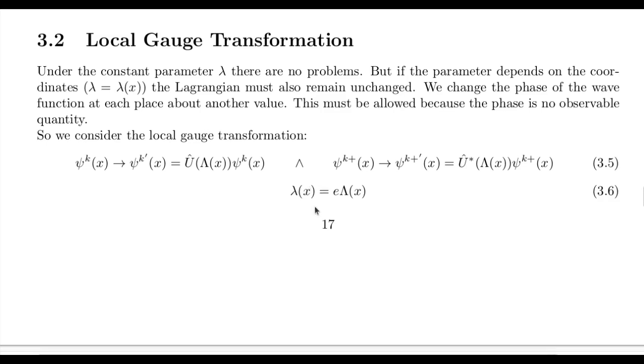So instead of lambda, we write a capital Lambda with the factor e. e is usually the elementary charge, because normal particles, electron, proton, and so on, have a positive or negative electrical charge.